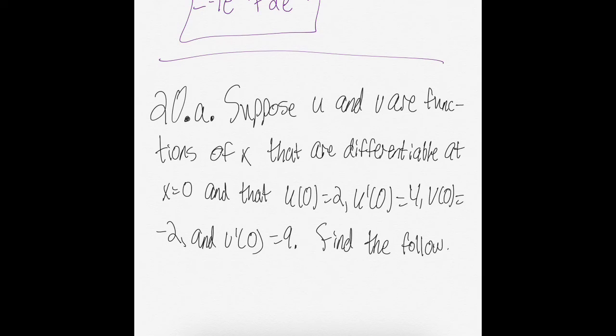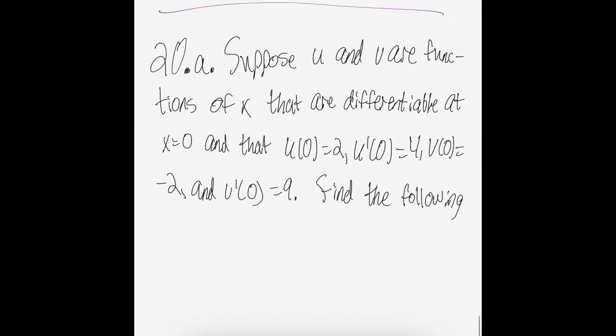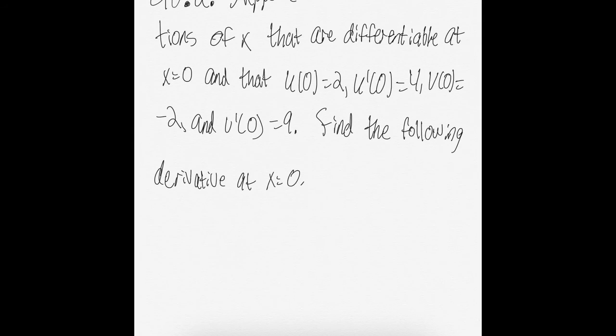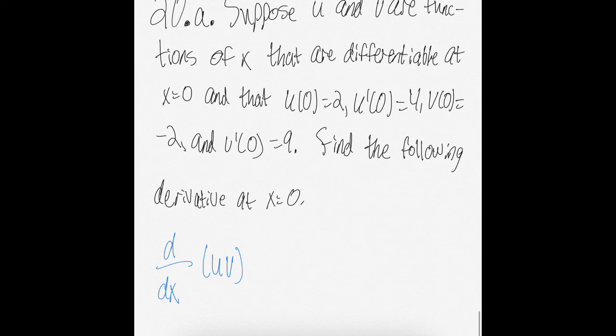So then find the following derivatives. Here it'll just be one derivative because we're just going to do one part of it. The following derivative at x equals 0. And the derivative that they want us to find is d dx of uv.